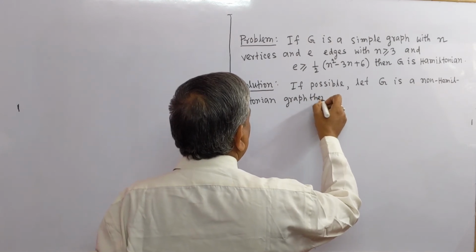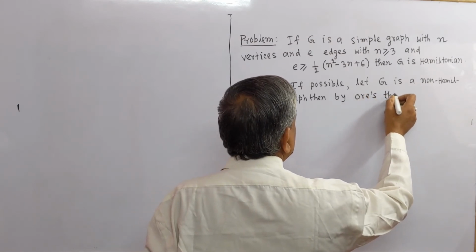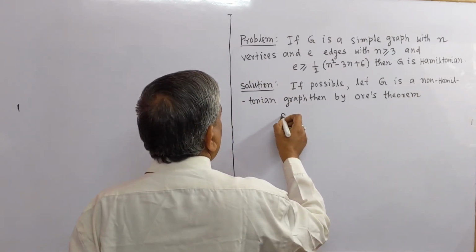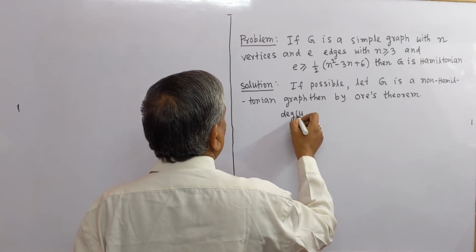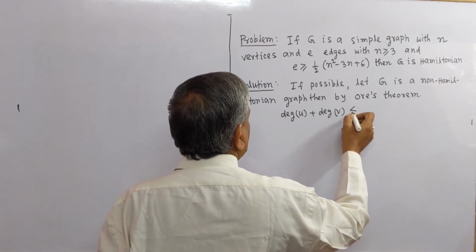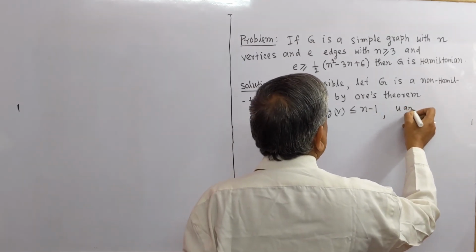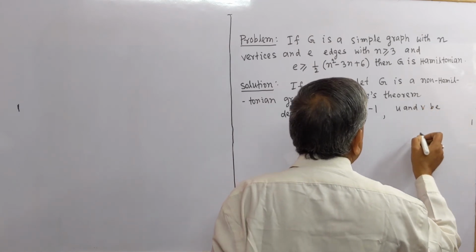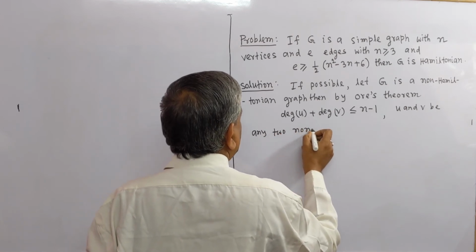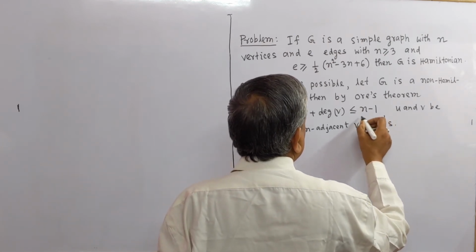Then by Ore's theorem, degree of vertex u plus degree of vertex v is less than or equal to n minus 1, u and v being any two non-adjacent vertices. This is number 1.